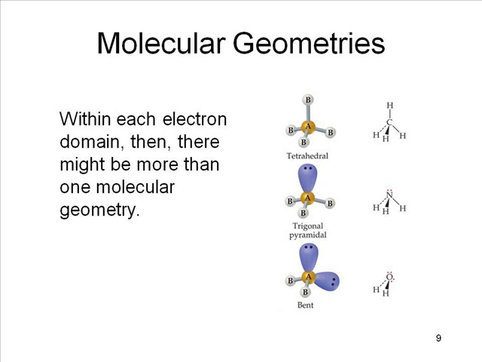Ammonia is trigonal pyramidal, with that same 109.5 degree angle, and methane or carbon tetrachloride would just be the full tetrahedral. If you take a tetrahedron and remove 2 hydrogens, you get bent, or trigonal pyramidal if you remove 1.